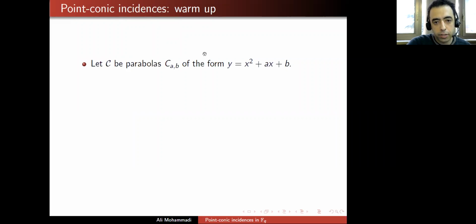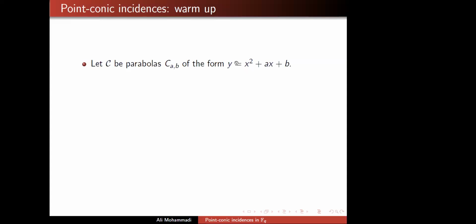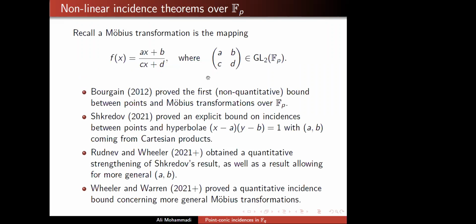Question: Incidence relation in case of Mobius transformation means what exactly? In the previous slide, when you were mentioning incidence relation between points and Mobius transformations, we looked at incidence relations for curves.